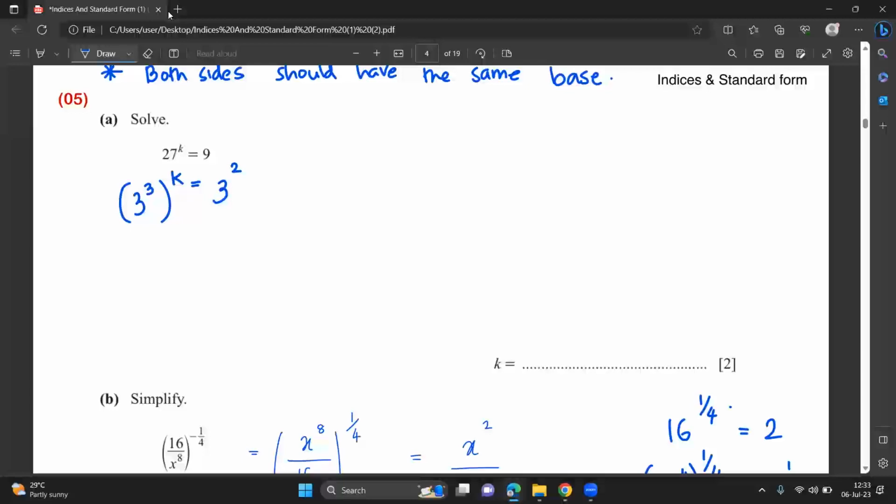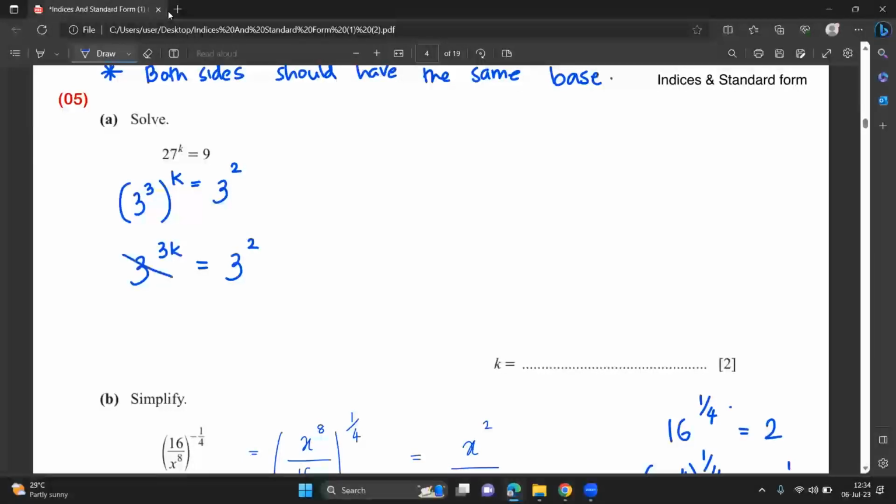What do I do when we have a bracket? We have to multiply. What is 3 into k? So I want you to write 3 to the power 3k equals 3 squared. Now do both the sides have the same bases?